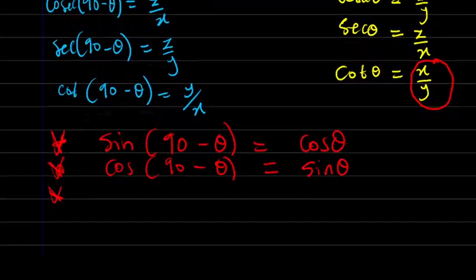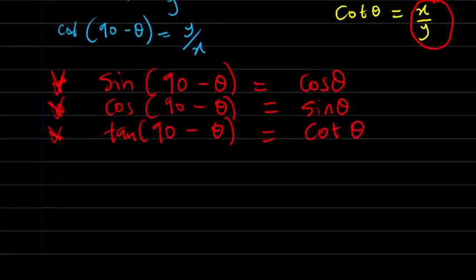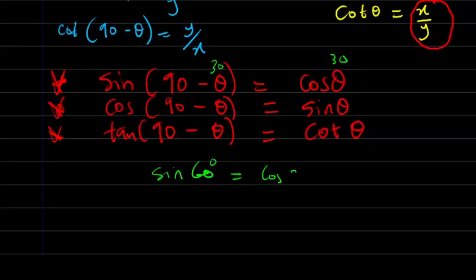That means tan 90 minus theta is the same thing as cot theta. You can see now. So from here, we can say if theta is 30, that means sine 60 degree is equal to cos 30 degree.